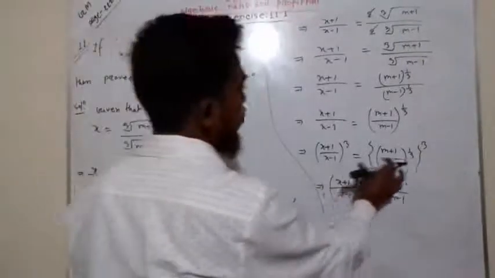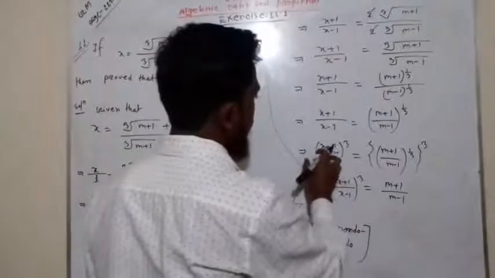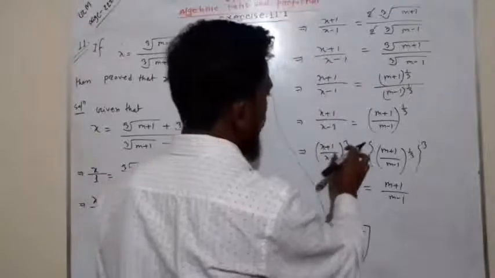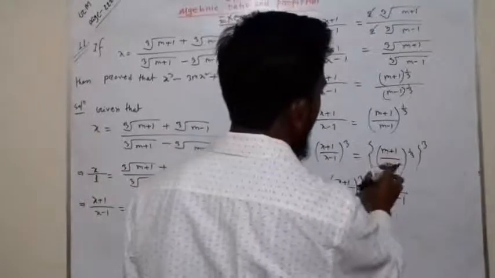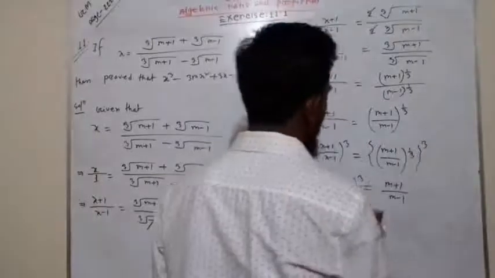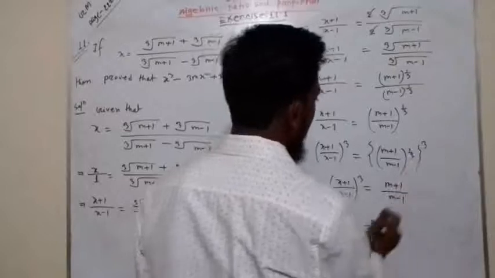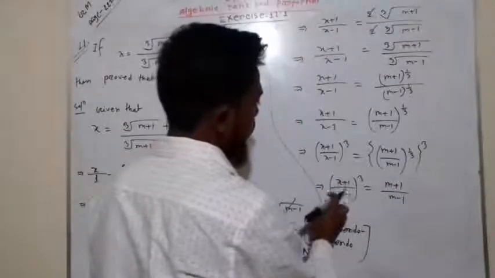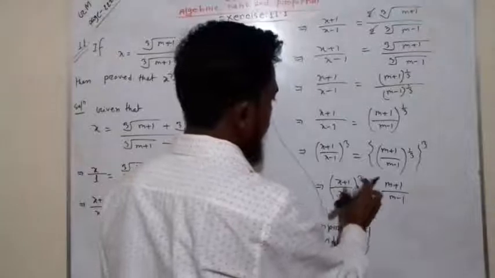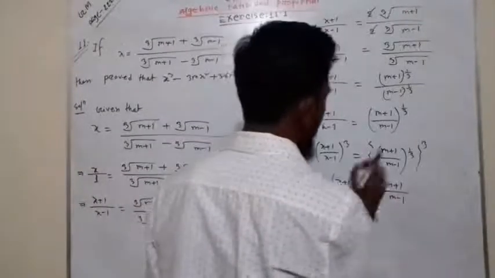So taking cube on both sides, (x plus 1 divided by x minus 1) whole to the power cube equal to ((m plus 1) divided by (m minus 1)) to the power 1 by 3, whole to the power cube. So here the cube and cube cancel. So (x plus 1 divided by x minus 1) whole to the power cube equal to (m plus 1) divided by (m minus 1).